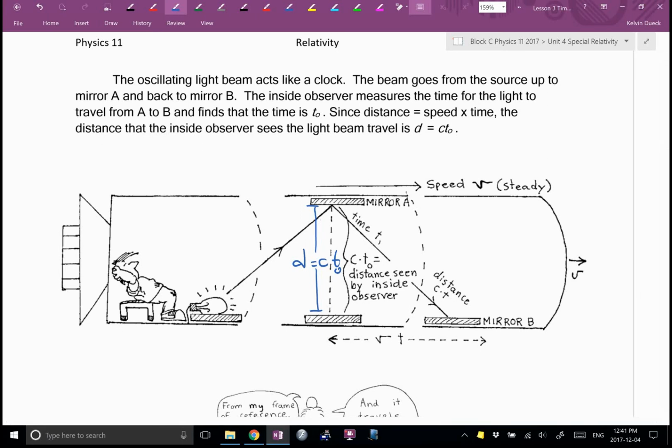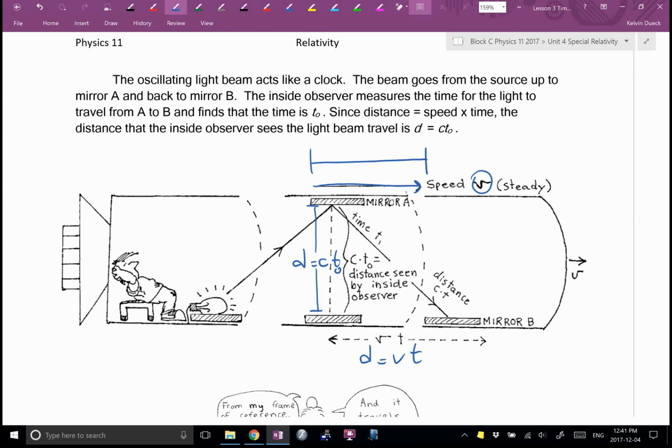Now, if I'm the person sitting outside the spaceship, I see the spaceship traveling sideways at a speed v, which means this distance that it travels, which is the same amount of time I see it take for the light beam to go up and down, I measure as v times t. Now that v is the speed of the spaceship, but it's a distance. So far, so good.